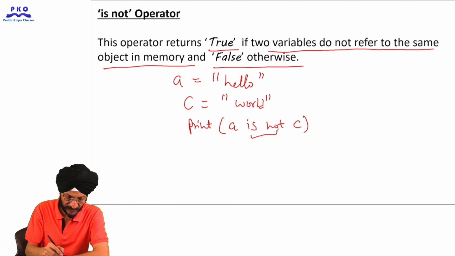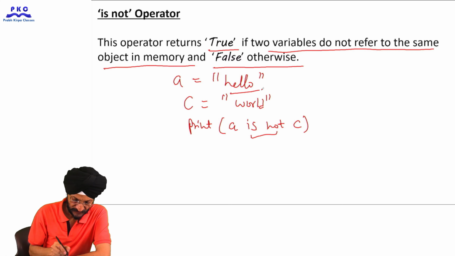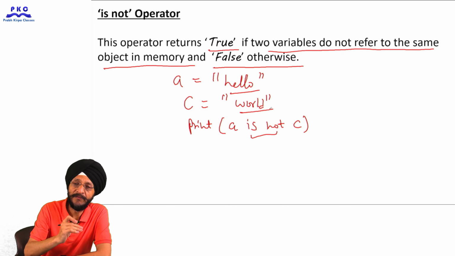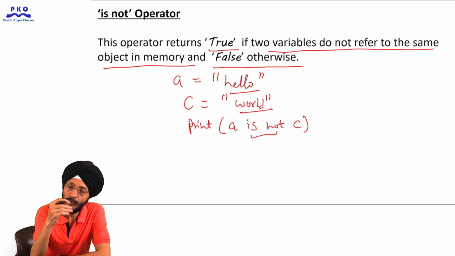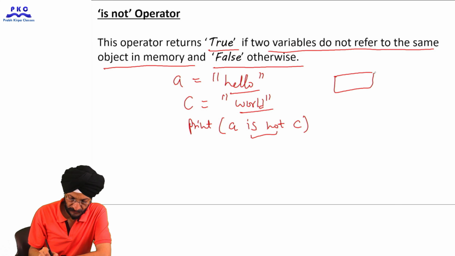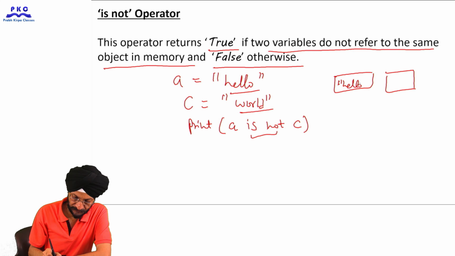Here you will find that hello is a string, world is a string. Both these are different objects. Value is different. So in memory, they will be stored at different memory locations.